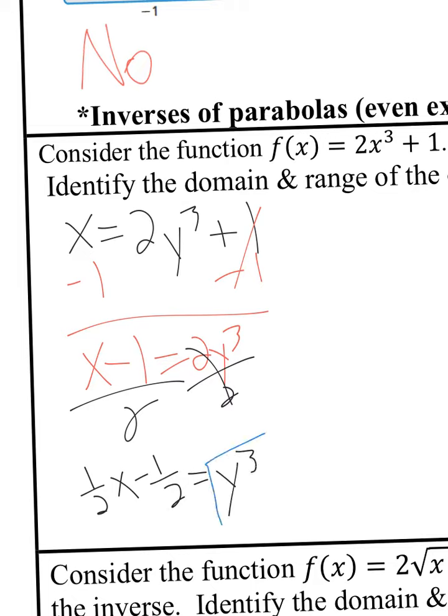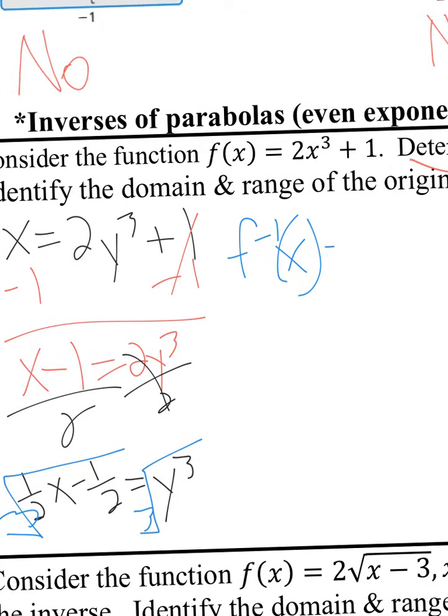So I will cube root everything. Then you're going to get y equals, or instead of writing y equals, at this point you can write f to the negative 1 power of x equals the cube root of 1/2 x minus 1/2.